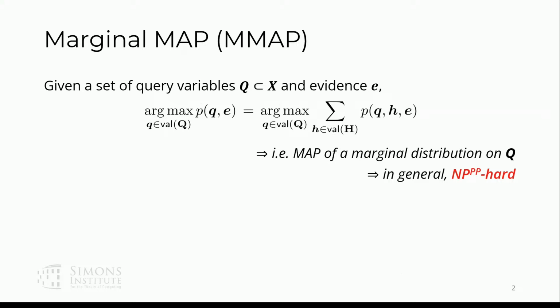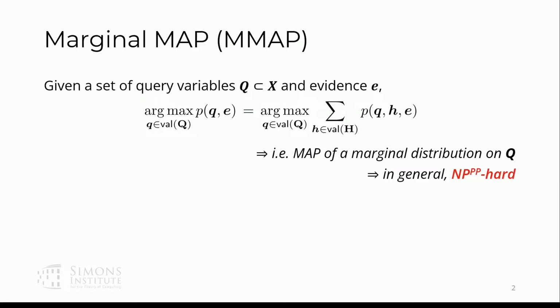We've already seen this a couple of times, but just to make sure that we're all on the same page. To define marginal map, the query is that if you have a distribution over a set of variables x, we want to find the state over some set of query variables that maximizes the marginal probability. You could do this with some evidence given, optionally. Doesn't matter too much.